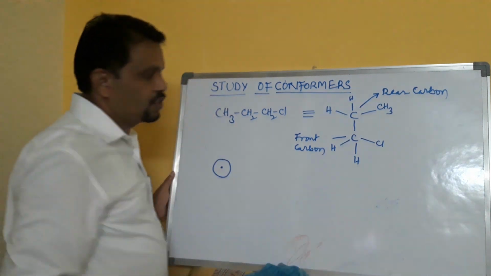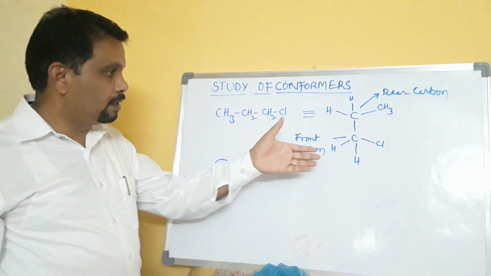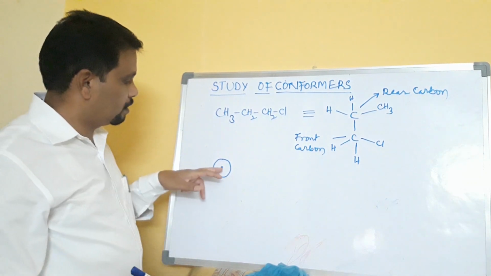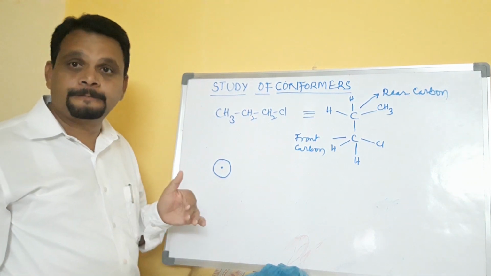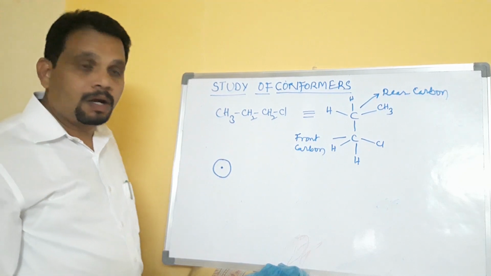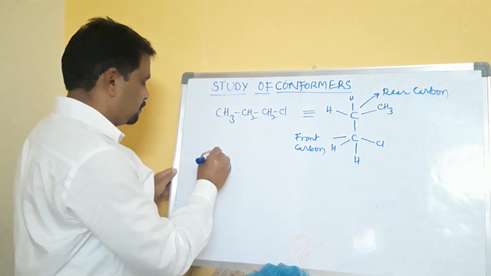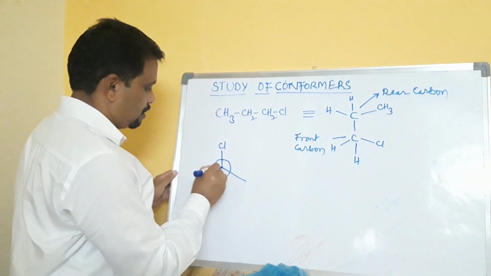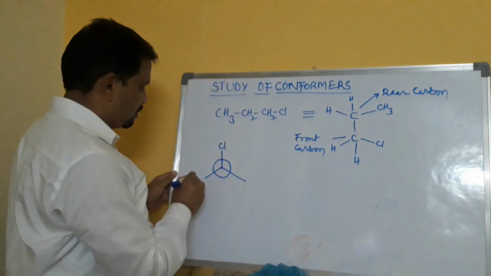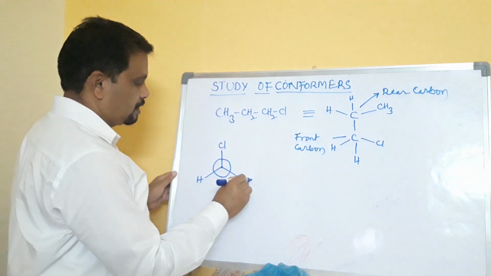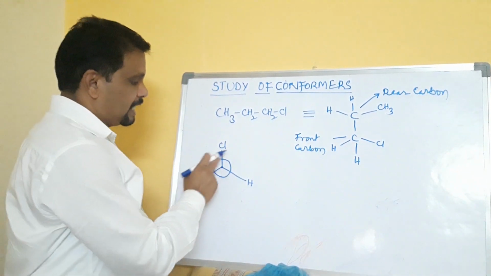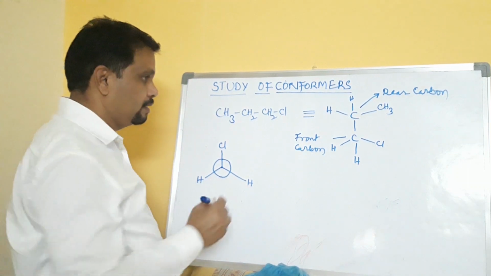On each carbon, 3 substituents are there. On the front carbon you have 3 substituents separated by 120 degrees, and this circle indicates the back carbon.